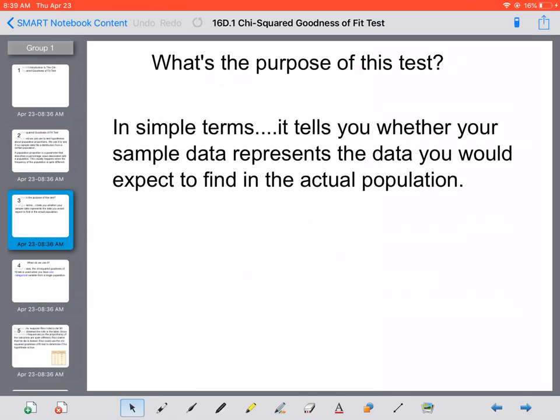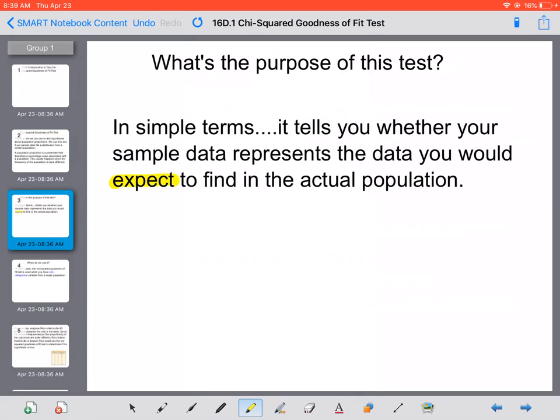So what is the purpose? Well, in simple terms, it's going to tell you if that sample data, whatever you have of your data, is representing the data that you would expect to find in the actual population. So the important word there is going to be expect. And if we think about our probabilities, the probability of something that we expect to happen is theoretical probability.